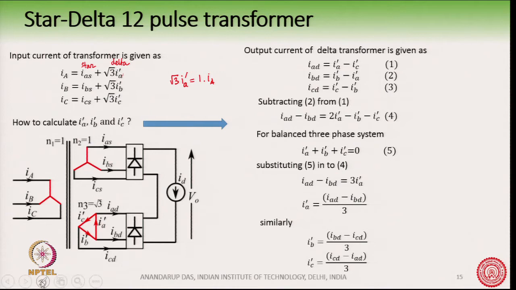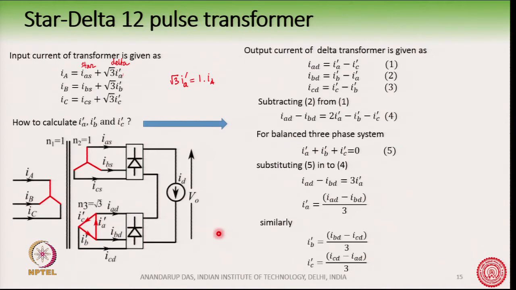Similarly, we can also write IB and IC following the same procedure. Now the question comes up: what are the values of IA dash, IB dash and IC dash?